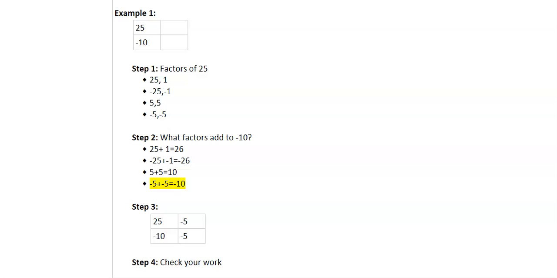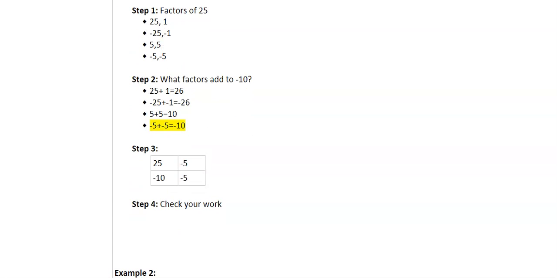So I can go ahead and plug them in. And I want to check my work. Let's look. -5 times -5 does equal 25. And -5 plus -5 equals -10. So we know we did it correctly.